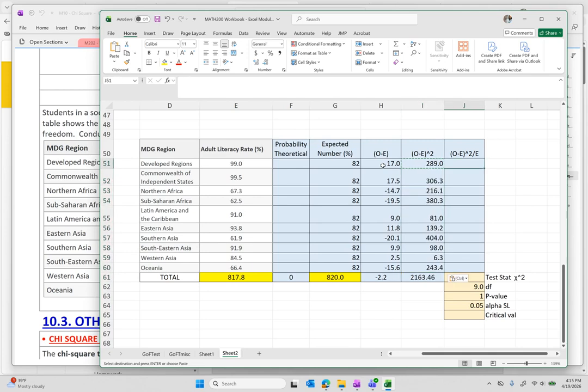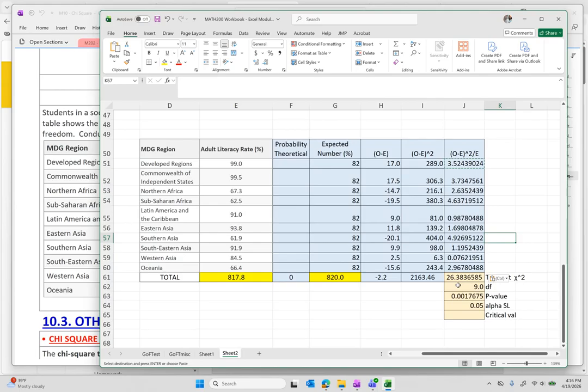And then to find the Pearson residuals, I will divide the squared residual by the expected number, which was in column G, and copy that down. And the sum will be my chi-square test statistic.